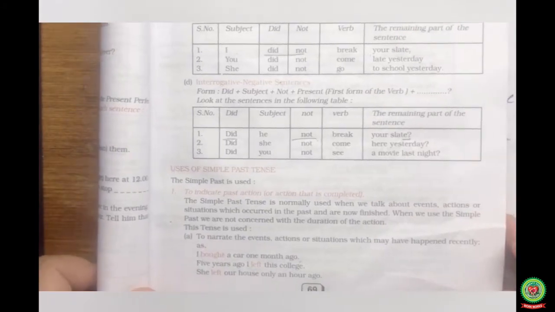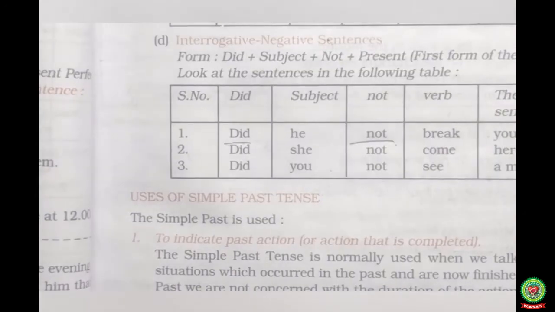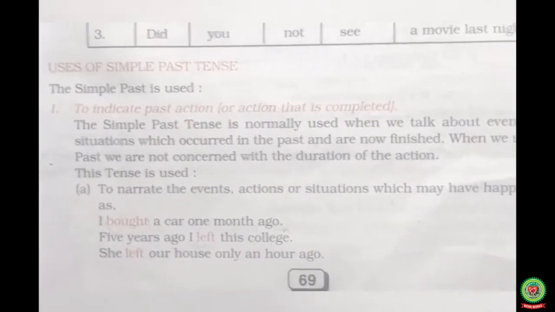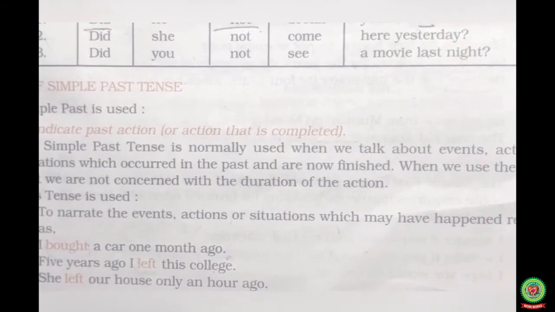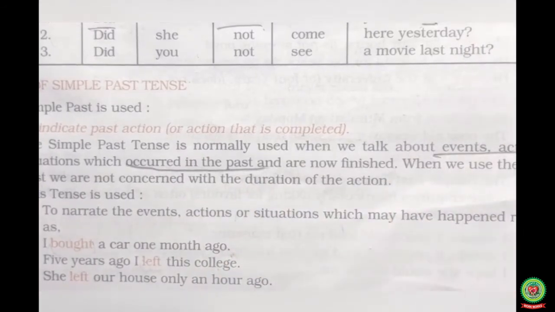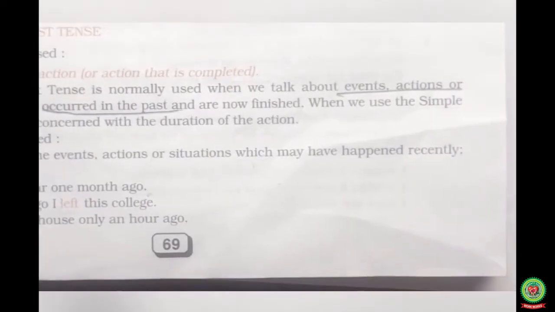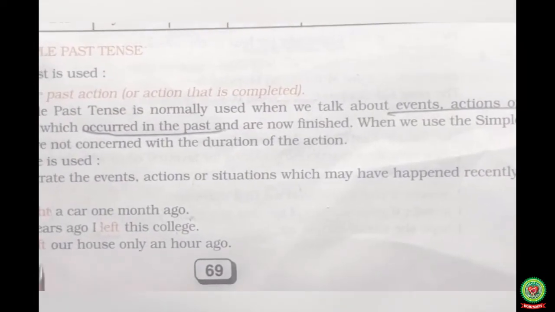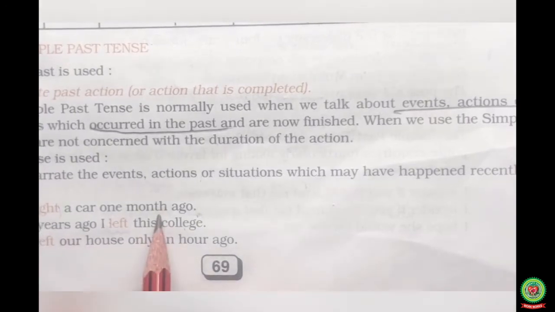where to use simple past tense, the uses of simple past tense. Now see children, you have to use simple past tense for an action or event which has occurred in the past. For events and actions which have occurred in the past, you have to use past tense. For example, I bought a car one month ago.